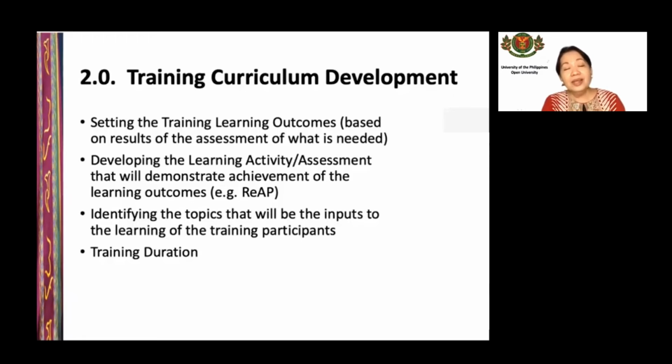Hopefully, depending on what you will be putting in there, which will be guided by the format that I will be giving you later, it will reflect what you have learned from this training program. Fingers crossed, okay? And then, of course, you will have to identify the topics because that will be part of your training curriculum. So, ano-ano ba yung i-discuss natin? Diba? Ano yung i-discuss natin under this training program?